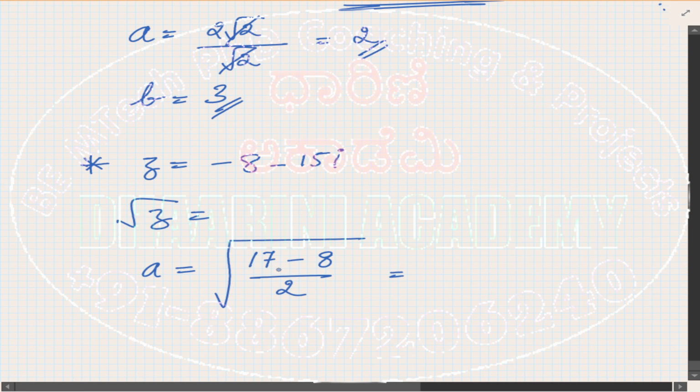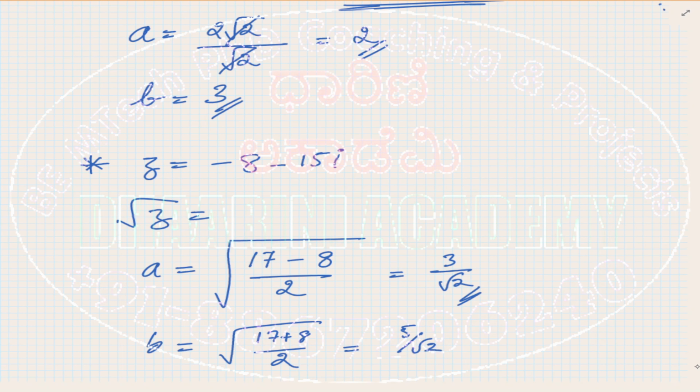What did you get? This is 9. 3 by root 2, and b is equal to the same thing but 17 plus 8 by 2, correct? So 17 plus 8 is 25, root this is 5 by root 2.